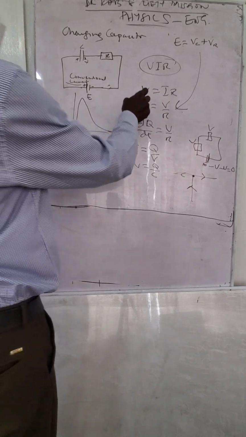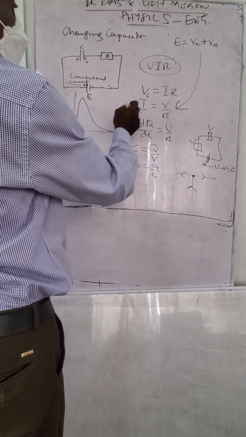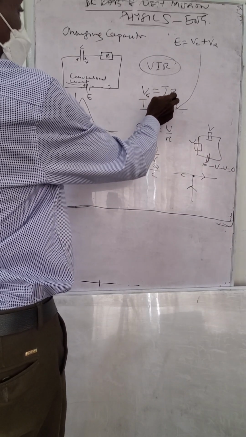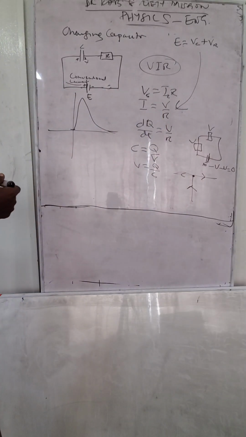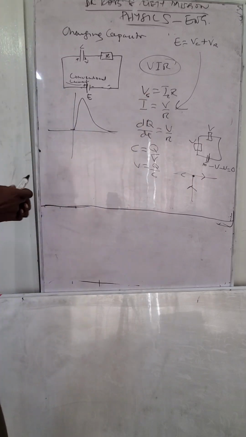This is the voltage for the capacitor, and it's the current through the capacitor, and of course the resistance the circuit is offering. So let's see for VC, in place of VC here, what we can do.